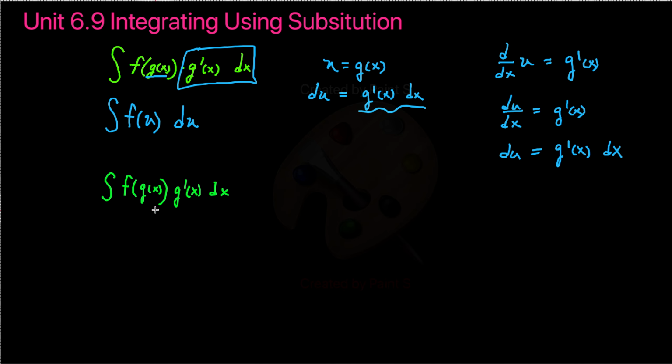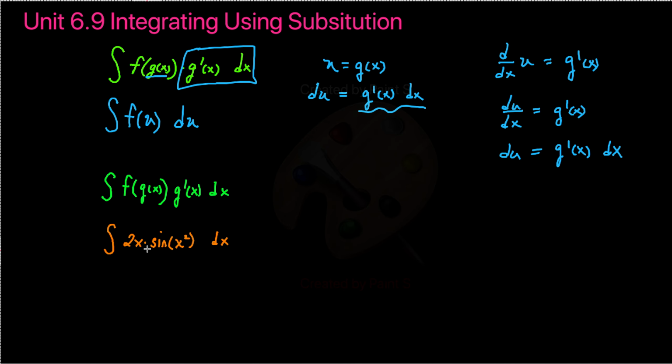Let's say I have, and I'm literally coming up with this right now on the spot, let's say I have 2x sine of x squared dx. And this is a good first example of how we're going to match this up.